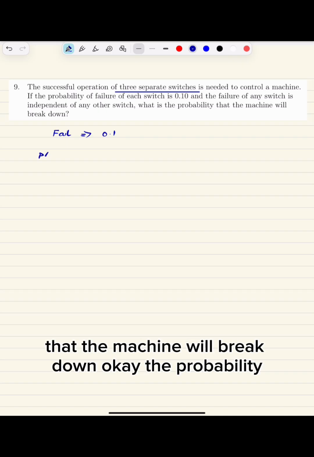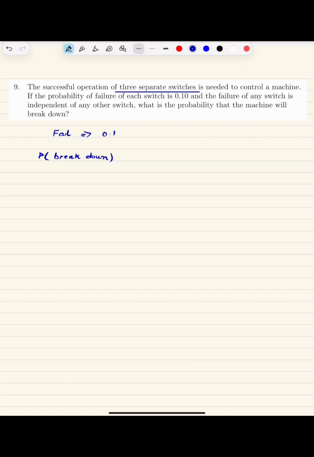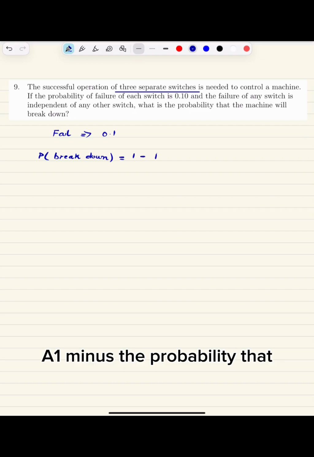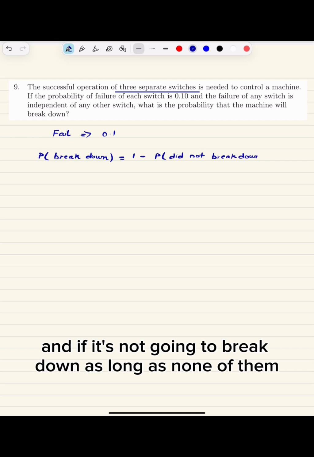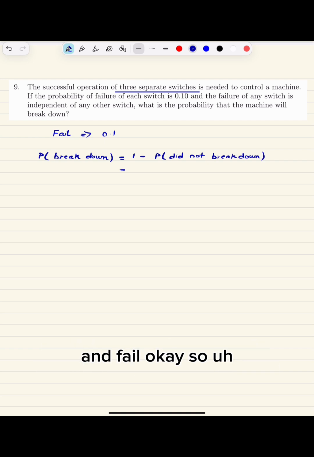The probability that the machine will break down is 1 minus the probability that it does not break down, and it's not going to break down as long as none of them fail.